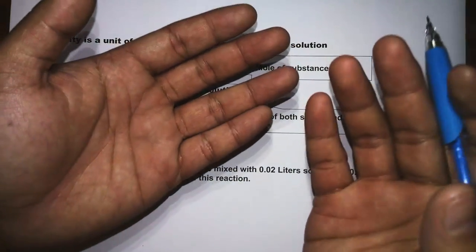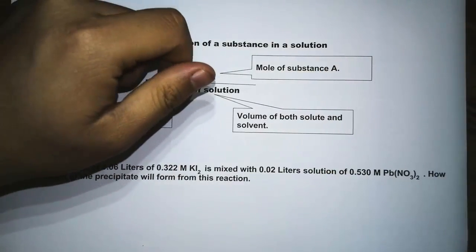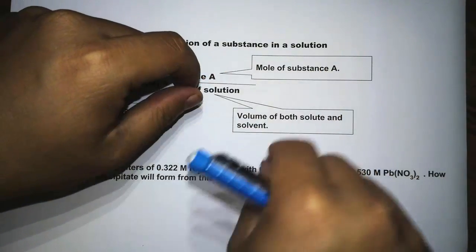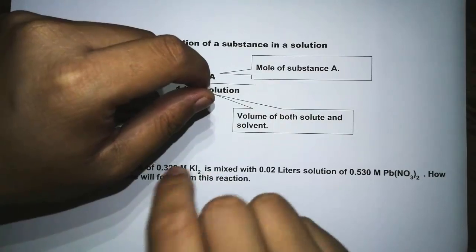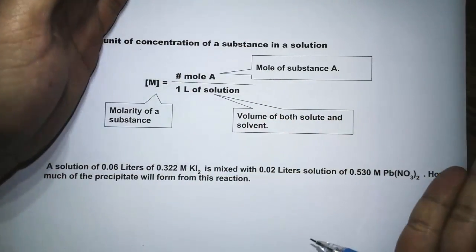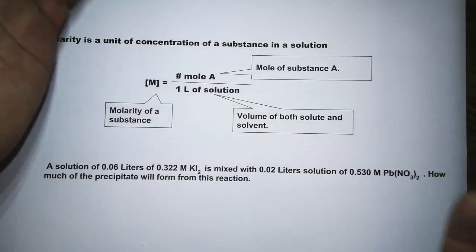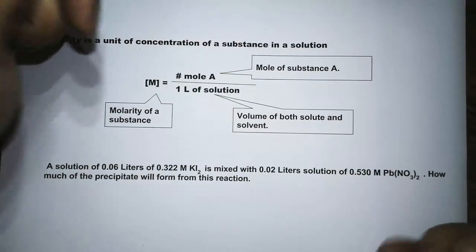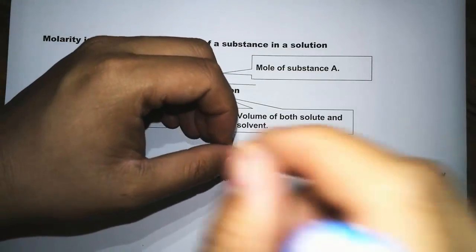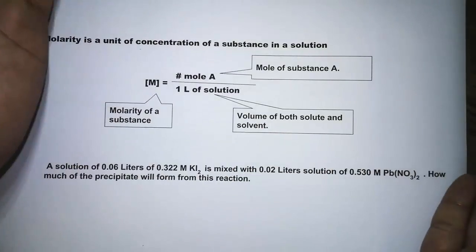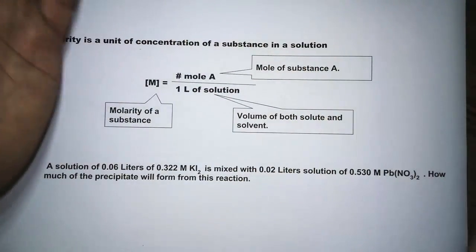That is, if you have a solid substance and you put that substance in a solution, or specifically distilled water, now that solid will dissolve and make a solution. And of course, the more of the solid substance you add into a fixed amount of water, it will become more concentrated.